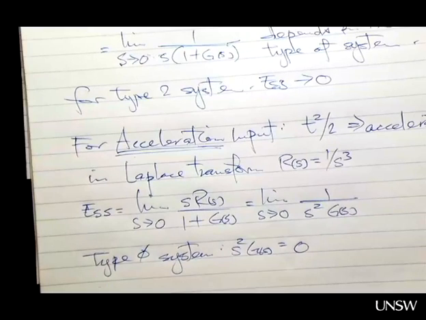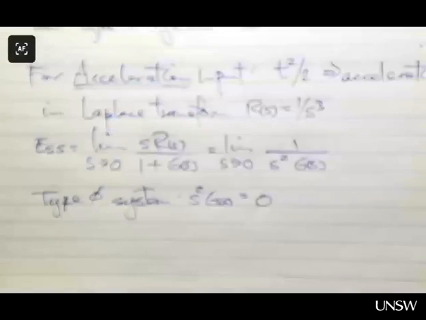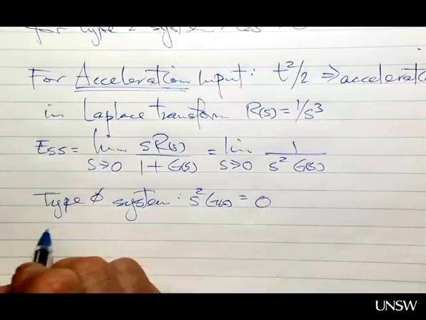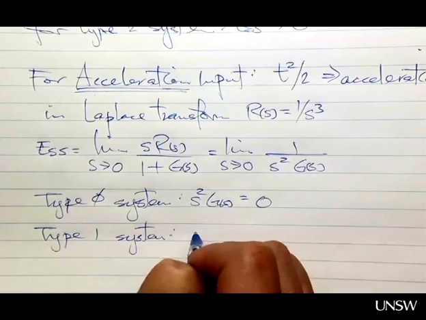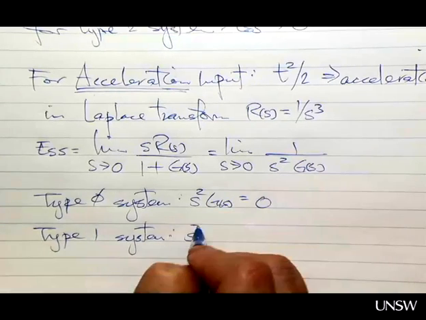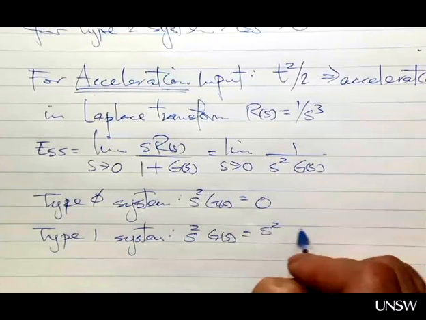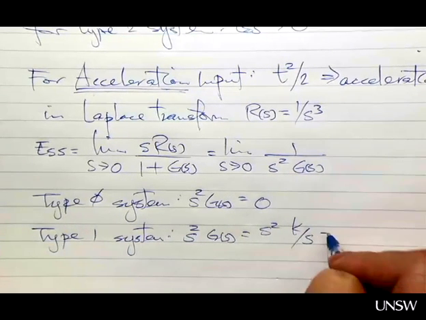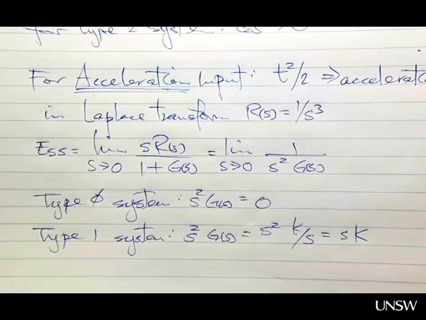And then for the type 1 system, we have s squared G. So it is s squared times K over s, so it is s times K.